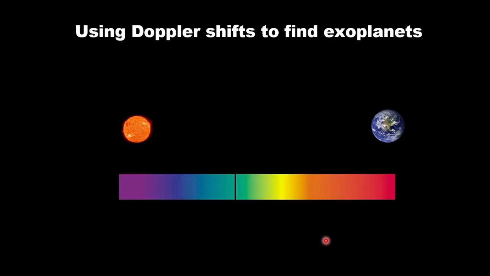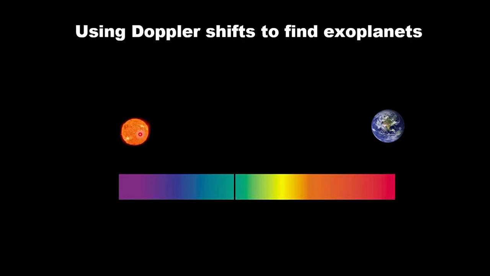And the way we would detect this is that it would be this back and forth Doppler shift that we'd observe in the spectrum. And we can actually tell how long it takes the planet to orbit because of how long it takes for this back and forth Doppler shift to show up in the spectral lines.